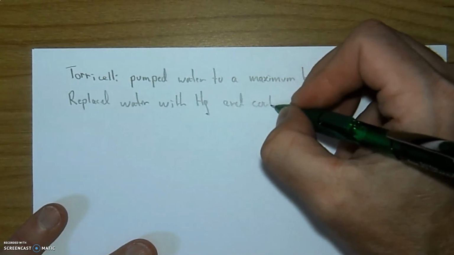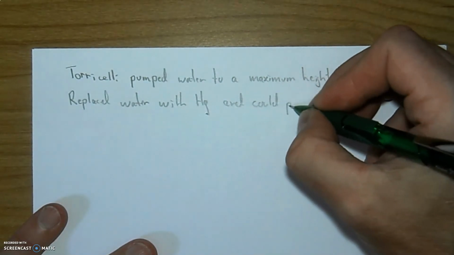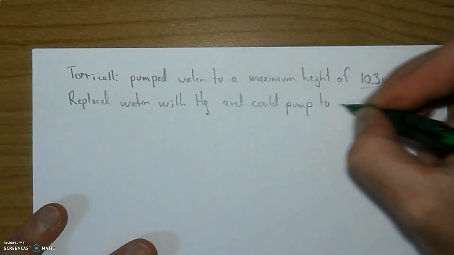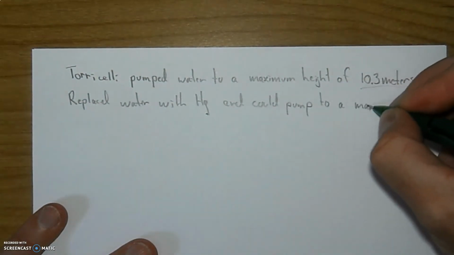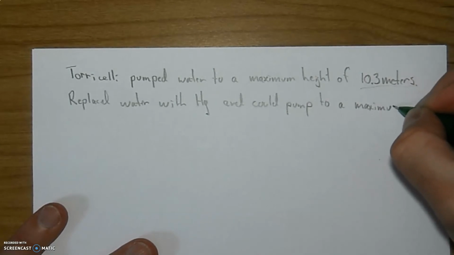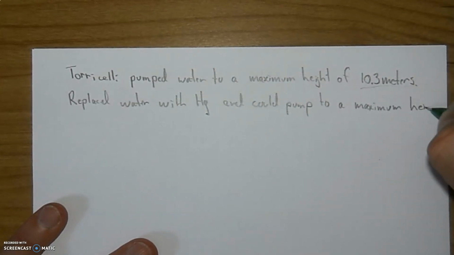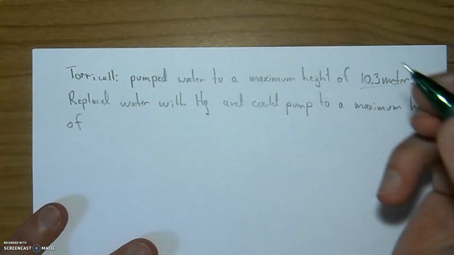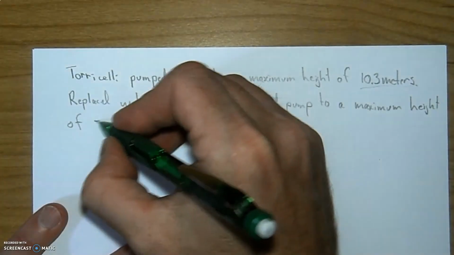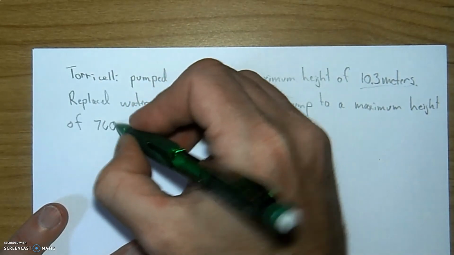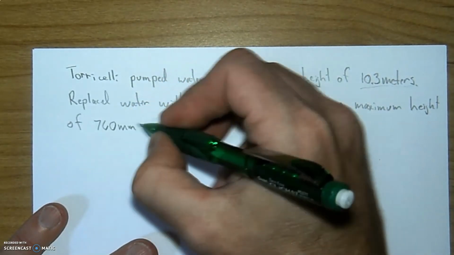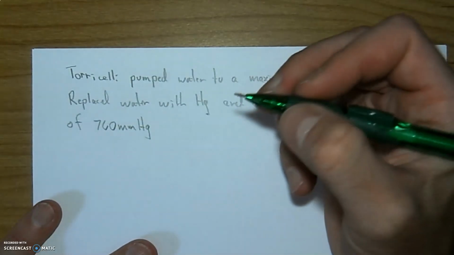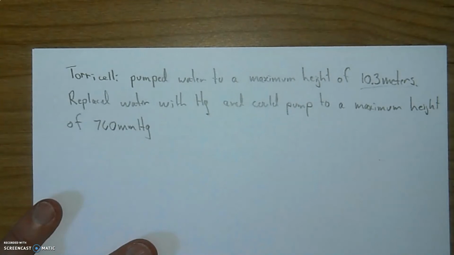And he could pump, if you will, to a maximum height of, and see if you can predict that number, 760 millimeters of mercury. Maybe you remember that from last year, which is something we refer to as like a barometer.